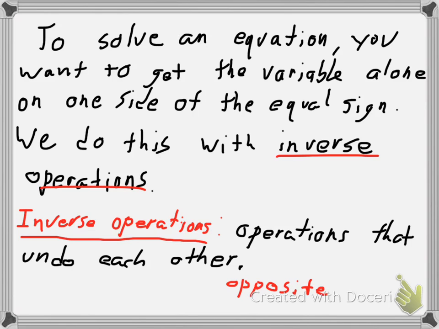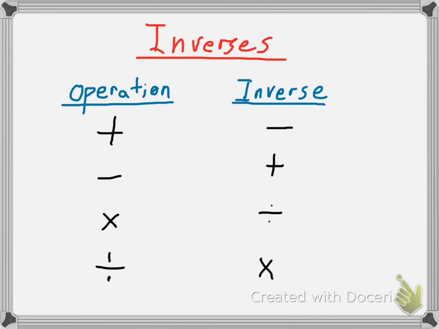Again, to solve an equation, we want to get the variable by itself on one side, or isolate it, and to do that we use inverse operations. Let's see what those inverse operations are. It's real simple. If our operation is addition, our inverse is subtraction. If the operation the equation is telling us is subtraction, our inverse is addition.